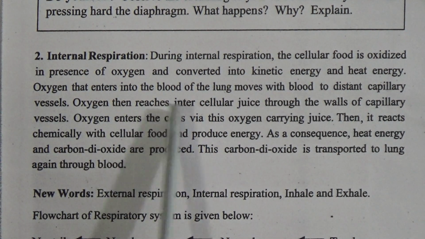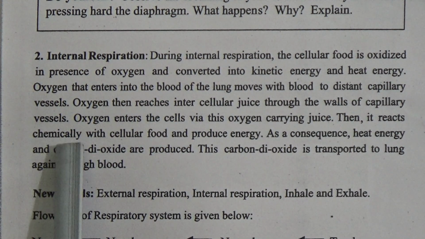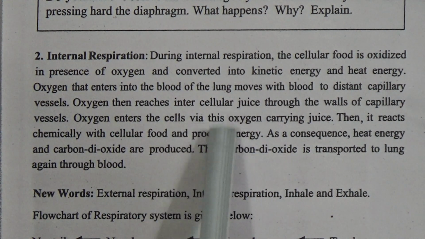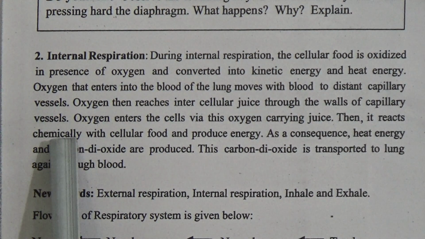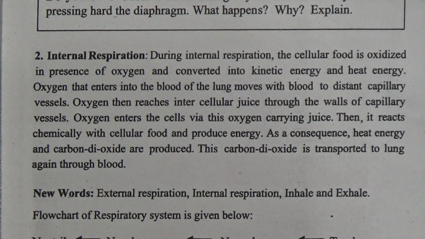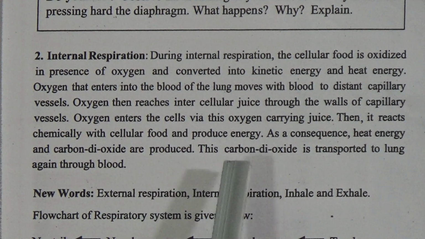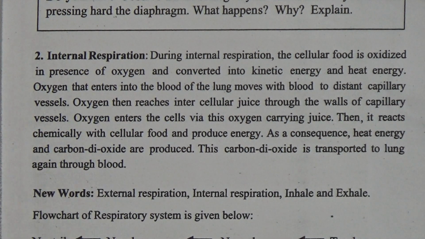Oxygen then reaches the intercellular juice through the walls of the capillary vessels and enters the cells. It reacts chemically with cellular food and produces energy. As a consequence, heat energy and carbon dioxide are produced. This carbon dioxide is transported to the lungs again through blood.